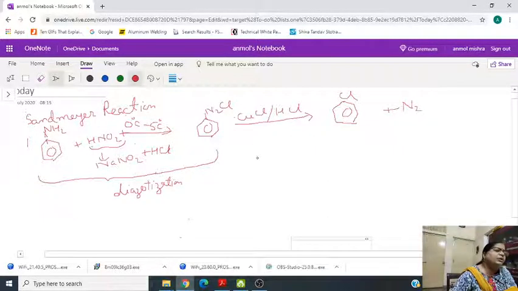Now, if we want to prepare C6H5I, then benzene diazonium chloride can be simply shaken with KI. No other reagent is required. It will form iodobenzene.